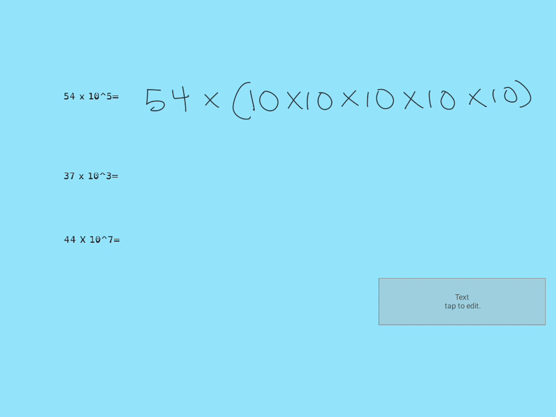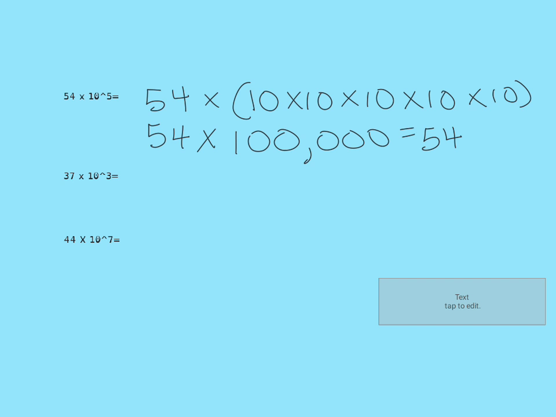Another way to write that would be 54 times 100,000. Because if I multiply the 10 5 times, I'm going to get 100,000. When I multiply, now I know that 54 times 1 is 54. And then I am going to add my zeros.